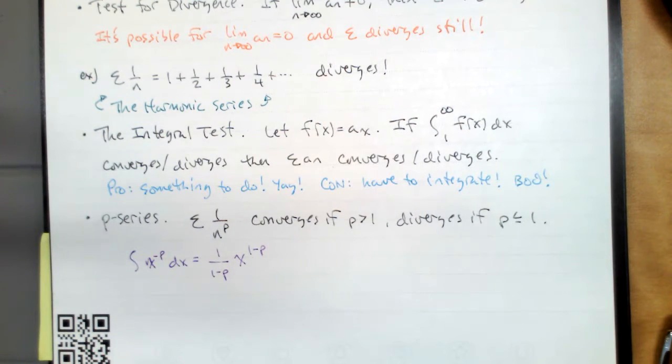So if p is greater than 1, that x to the 1 minus p will be in the denominator.